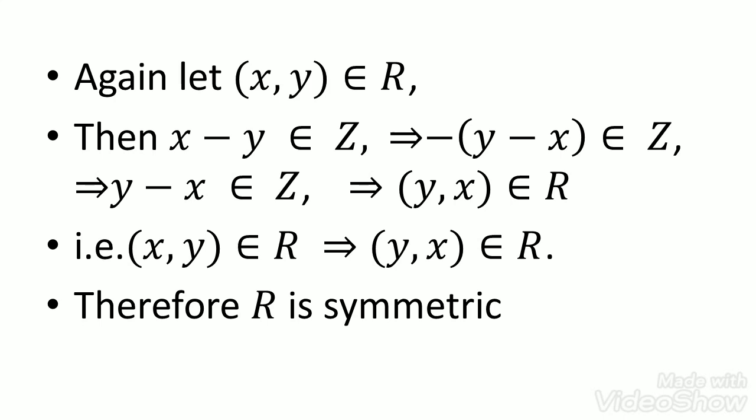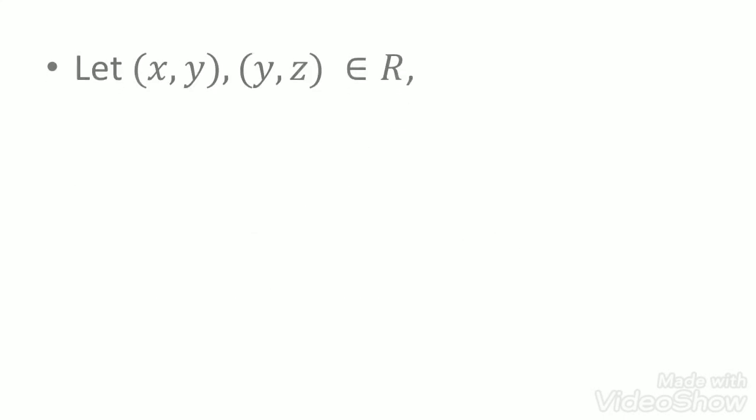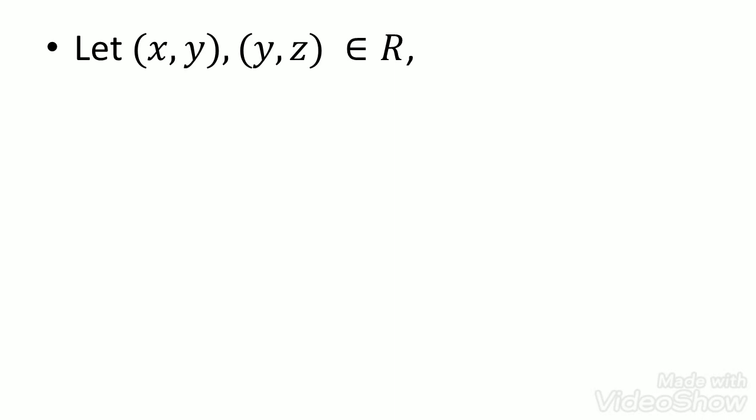For transitivity, we consider two pairs (x, y) and (y, z) from R, where y is the common element. Now if (x, y) belongs to R, that means x minus y is an integer. Similarly (y, z) belongs to R, therefore y minus z is an integer.